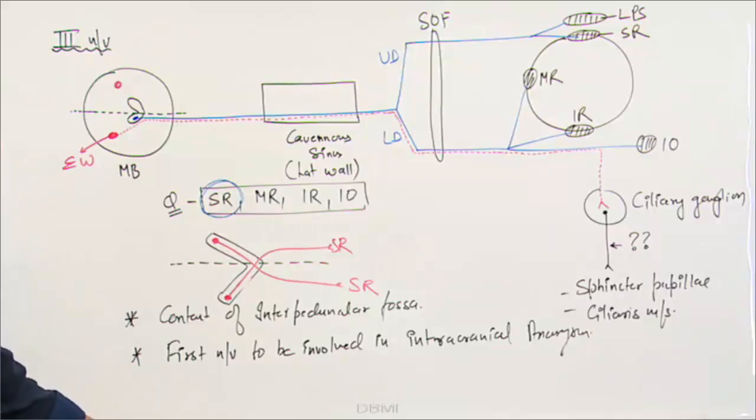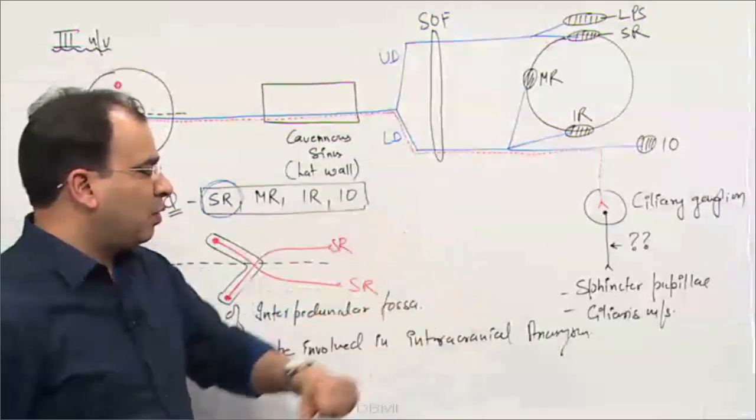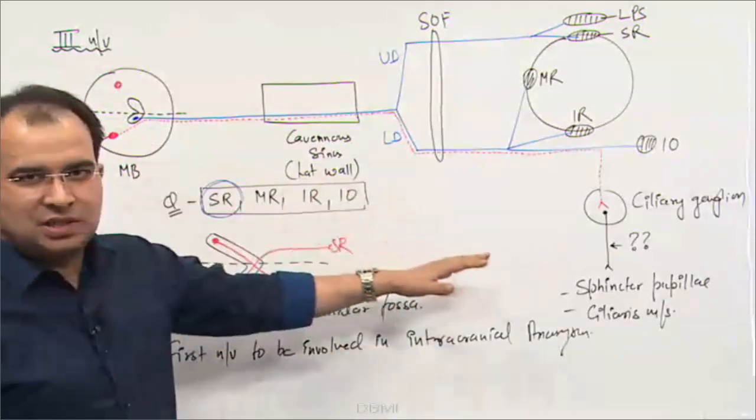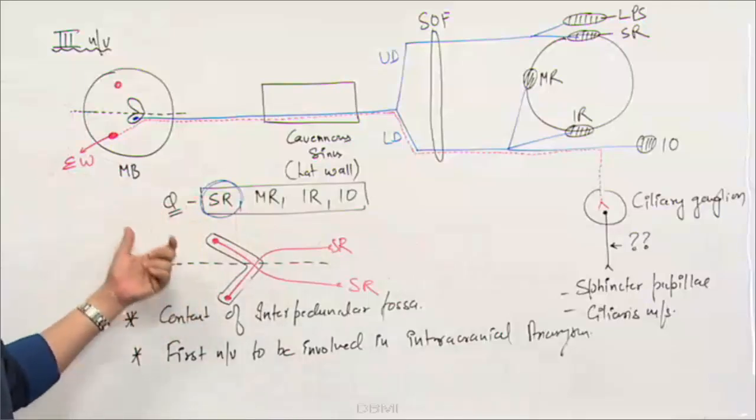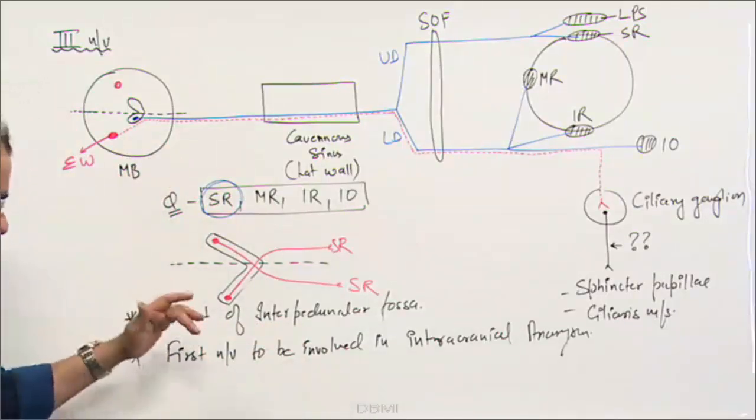Well, this is about the third nerve. The important things about the third nerve: what muscles it supplies, what muscles the ciliary ganglion supplies, how the fibers reach the ciliary ganglion, which muscle is supplied by the contralateral nuclei, and the nerve which is most commonly involved in intracranial aneurysm.